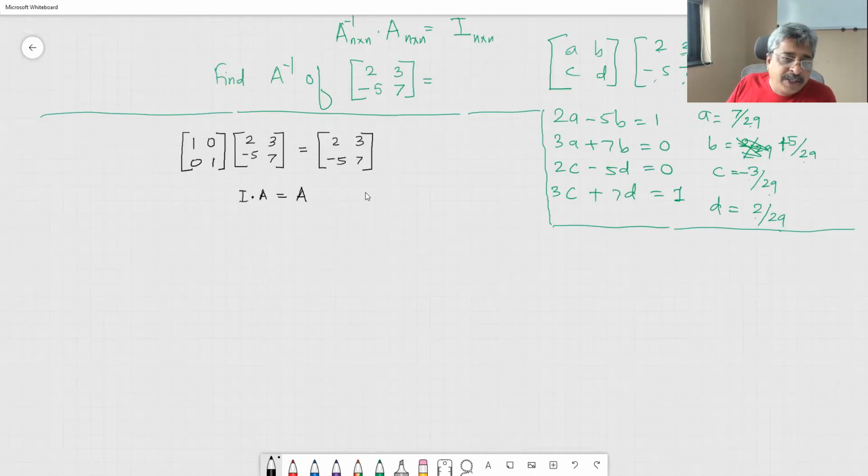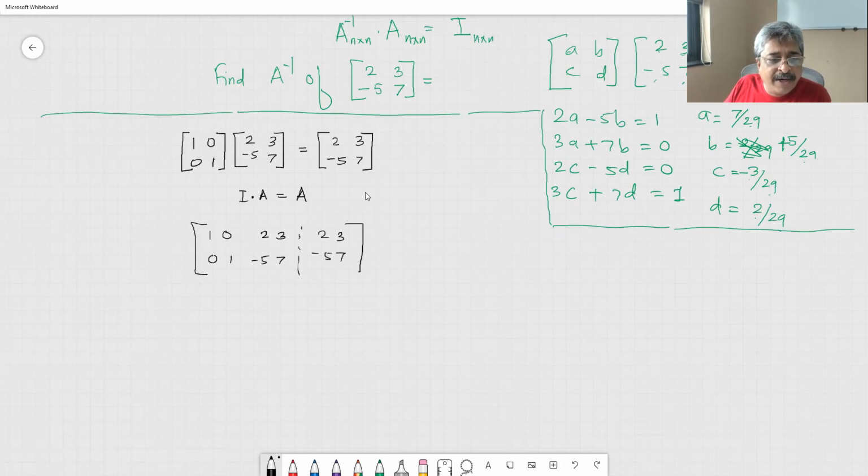Therefore, what we should do is consider the matrix 1, 0, 0, 1 on the left and 2, 3, minus 5, 7 on the right, and perform transformations such that you get 1, 0, 0, 1 out of the matrix on the right-hand side.